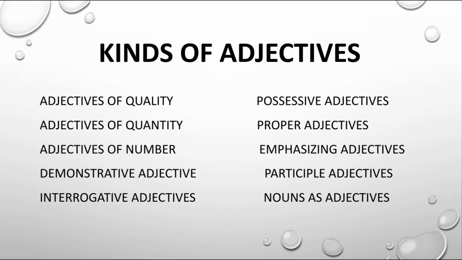Now next, further you have demonstrative adjectives, which point out which persons or things are meant. The word demonstrative means pointing out. Demonstrative adjectives answer the question "which?"